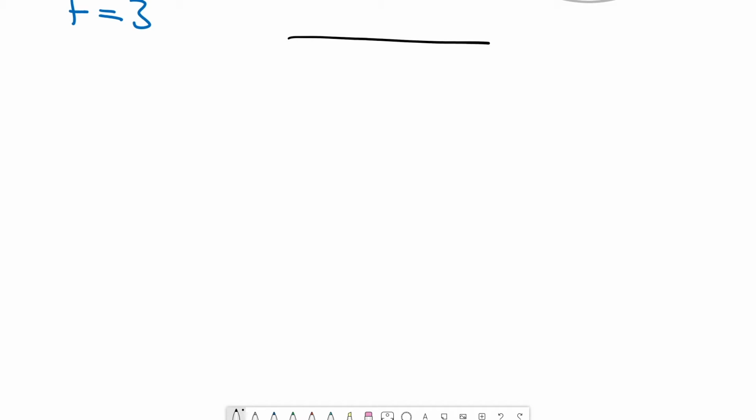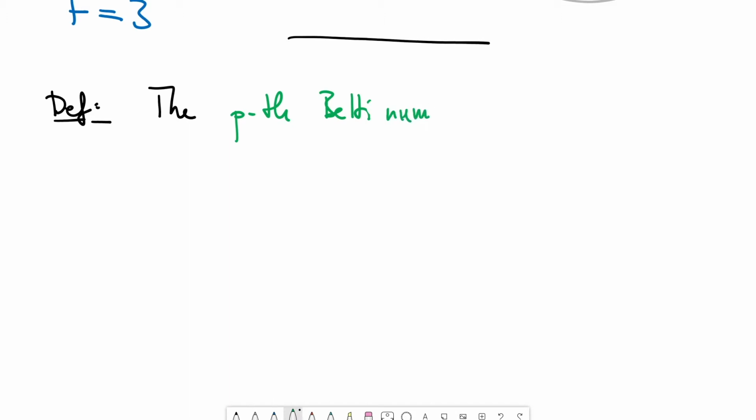And to formulate it, I want to introduce the notion of Betti number. So the pth Betti number, and now I allow arbitrary topological spaces, not just CW complexes, is defined as follows.